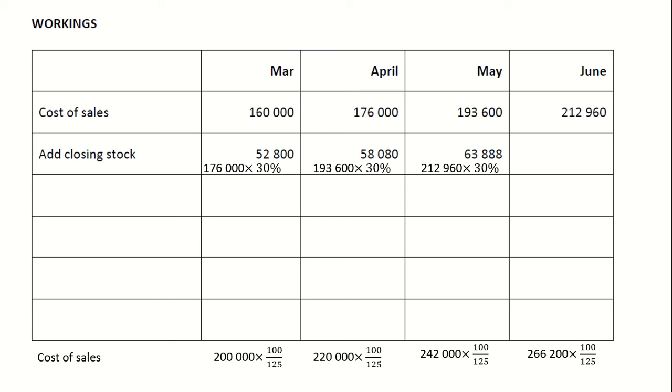And obviously you don't have cost of sales for July. You just have to quickly find sales for July, and your sales for July will be that.